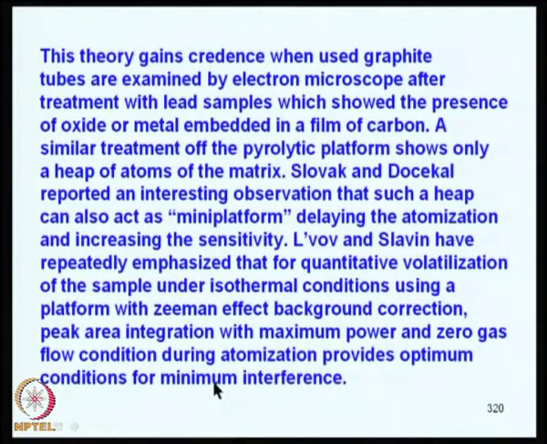It provides optimum conditions with minimum interference. So, what are we looking at now? A platform, isothermal conditions, Zeeman effect background correction, peak area integration, zero gas at the time of measurement, and optimum conditions with minimum interference, that is pre-treatment optimization.